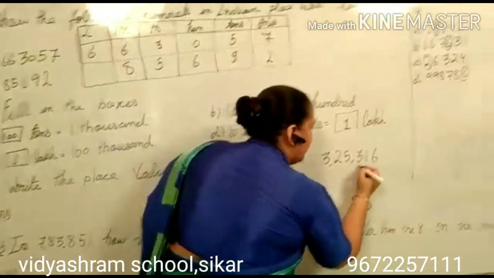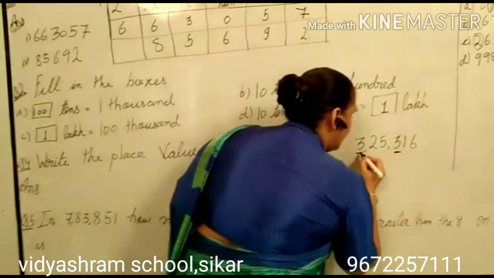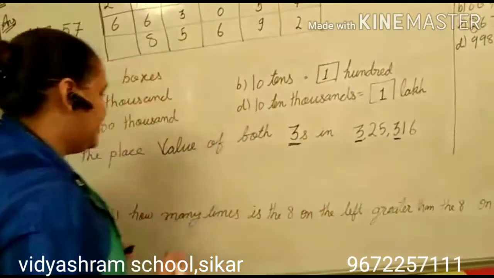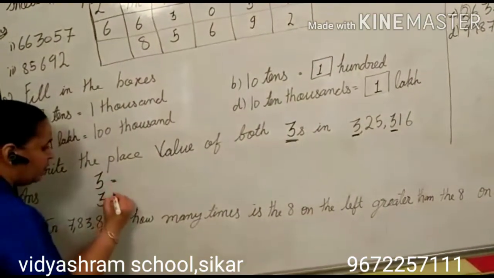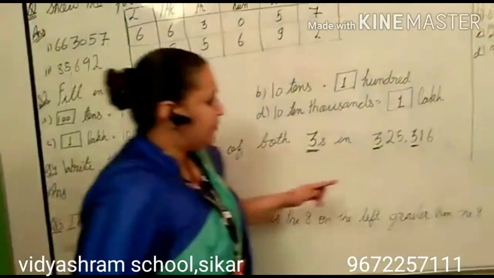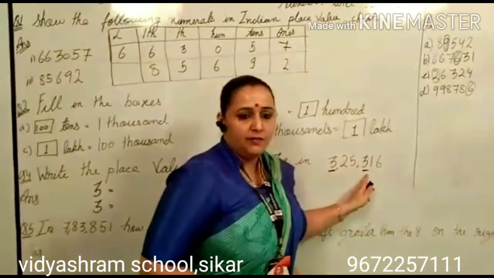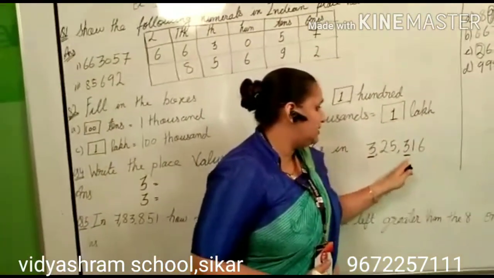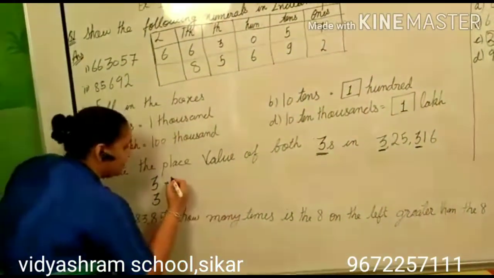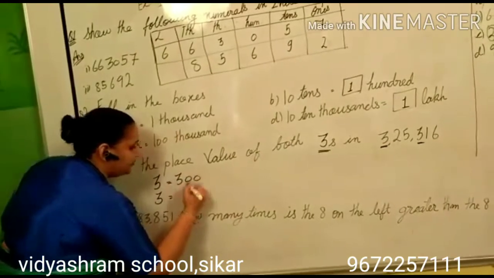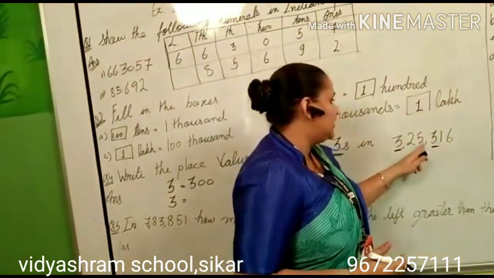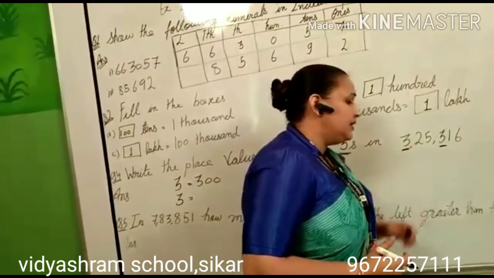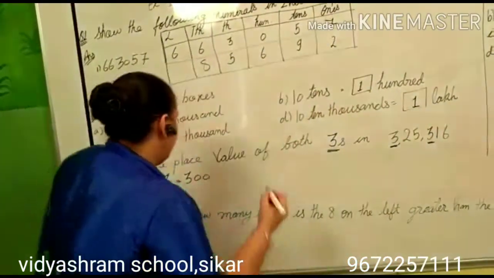So see here, one 3 is there and another 3 is there. So I will write here two 3s. Now just check the first 3 is at the place of hundreds: ones, tens and hundreds. I will write here 300. And the next 3 is at ones, tens, hundreds, thousands, ten thousands, the place of 3 lakh.